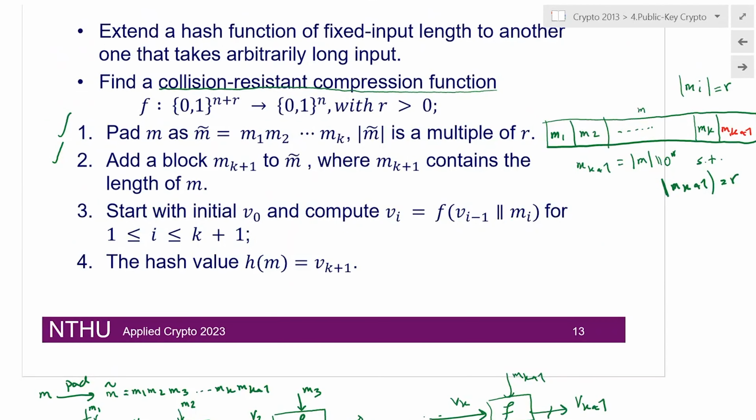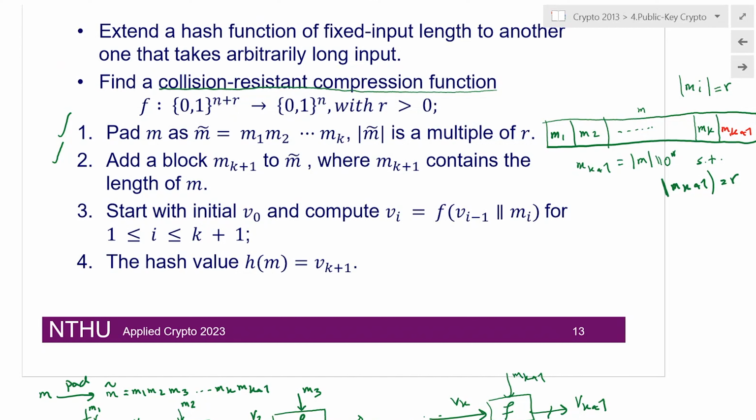So the challenge that we had for a cryptographic hash function was that we need to accept any message with any arbitrary input. But the options that we have out there are collision resistant compression functions, and they satisfy collision resistance and second pre-image resistance, but the problem is that they don't take arbitrary length.